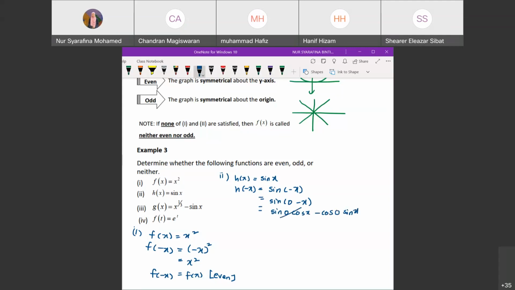Sine 0 is 0, cos 0 is 1, which equals negative sine x. So h(-x) is negative sine x, which equals negative h(x), then it is odd. Okay, understand or not? The difference between even and odd here. Anyone else have a question?